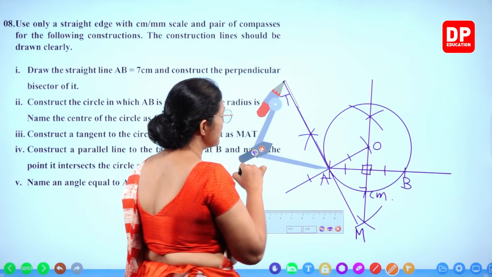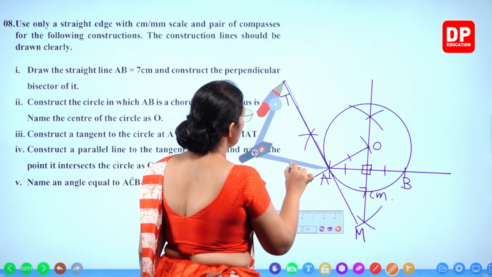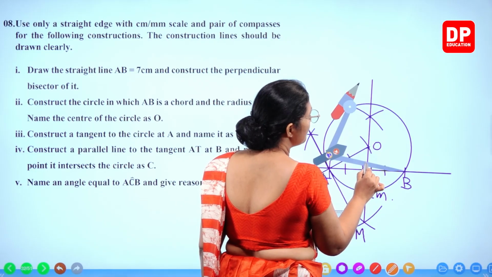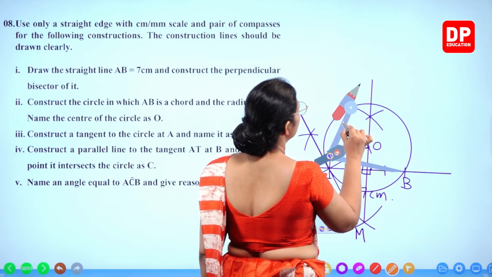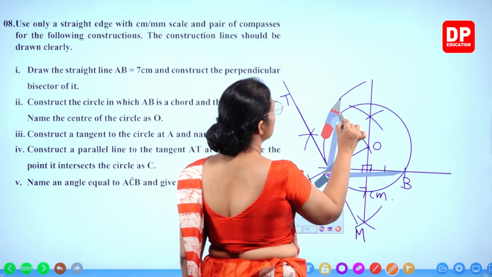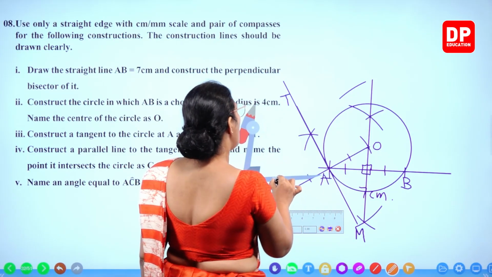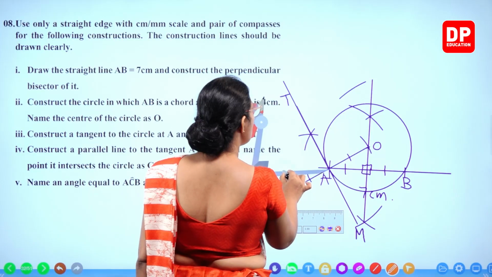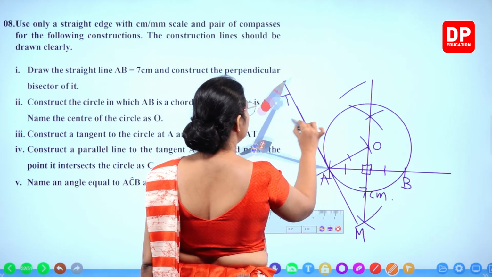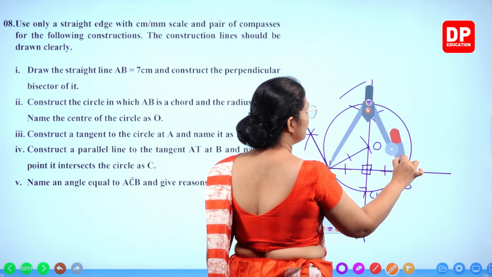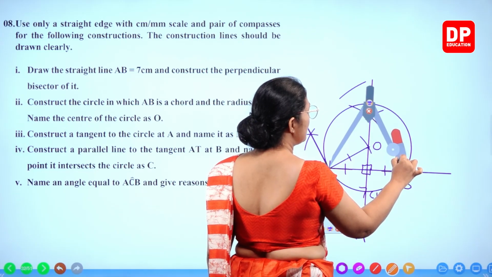So that length should be the same as the length with B. So you can mark the arc. And the length with AB should be the same as this length.